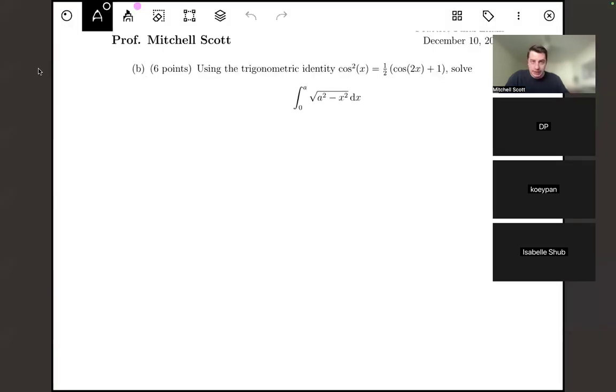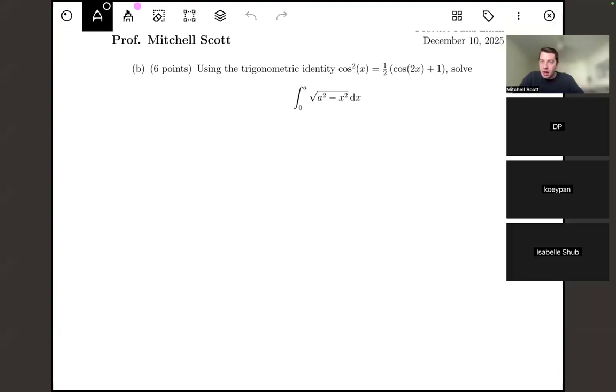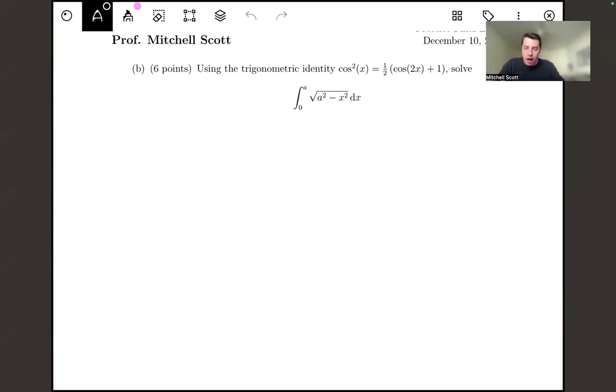Okay. So hopefully now you can see my screen, and I don't know where I left off, but I'm just going to start back with this problem where, just like before, we had an underlying geometric understanding where there was a trapezoid or a rectangle and a triangle, if you prefer to view it that way. And there was a point where we had the signed area under the curve. And hopefully this formula, the square root of a squared minus x squared, looks familiar to you.